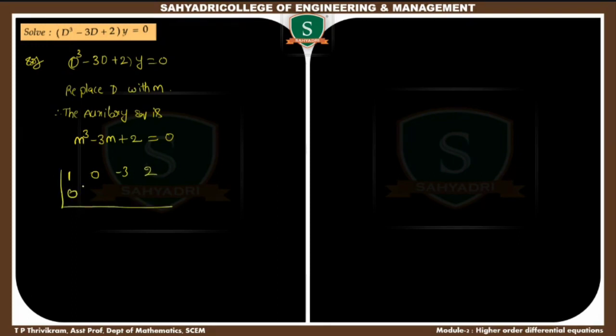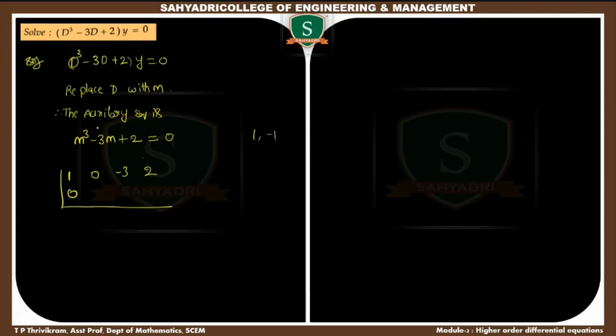Next apply synthetic division to solve this. The first assumption is either take 1 or minus 1. I'll select 1. What happens? 1 cube minus 3 into 1 plus 2. How much do you get? 1 plus 2 is 3, 3 minus 3 is 0. So it satisfies this equation. Sir, how did 0 come in between? Where? The m square coefficient is not there, right?